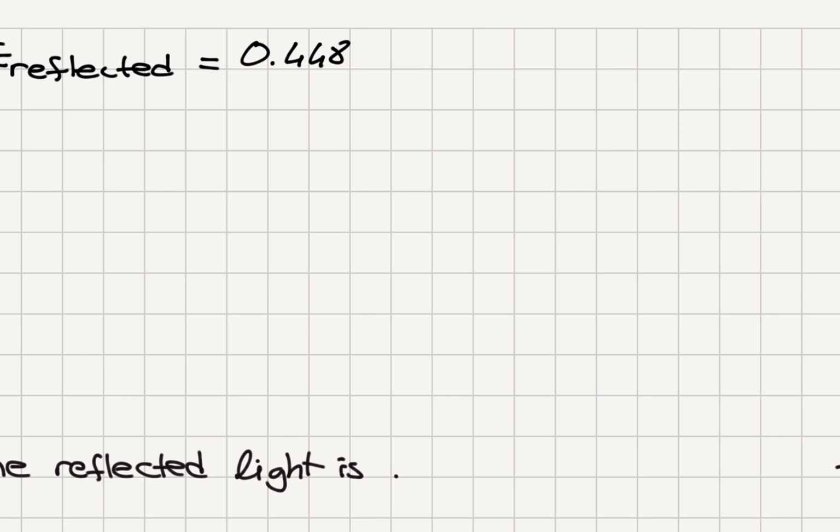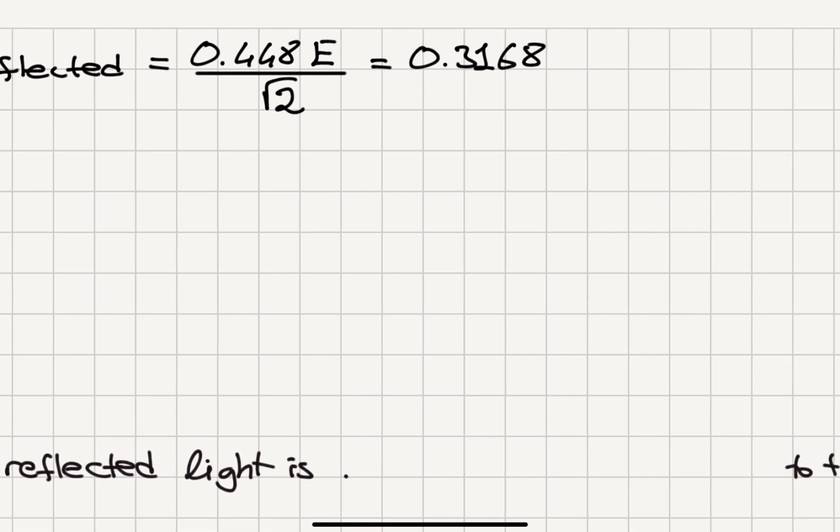That is equal to the amplitude E divided by square root 2. So this gives me 0.3168 E incident.